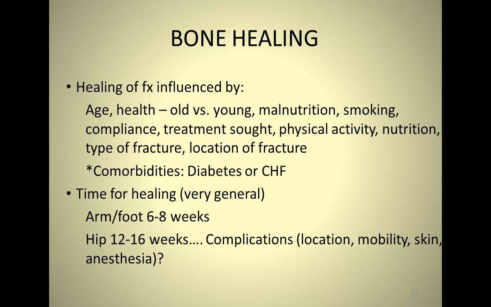How well do you think a diabetic's going to heal compared to somebody that's very healthy and eats right and exercises regularly? Big difference, right? Or heart failure. How well does that pump circulate oxygen to the tissues on a regular basis, right? Somebody with, say, a 70% ejection fraction of their heart versus 20%, big difference, right? So how many comorbidities do they have?